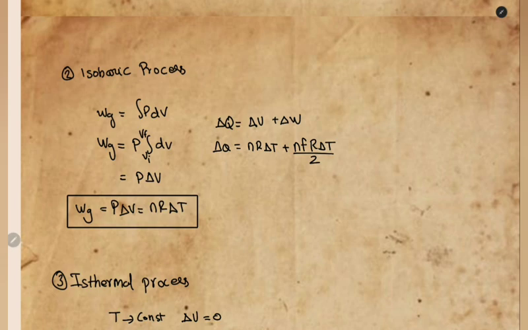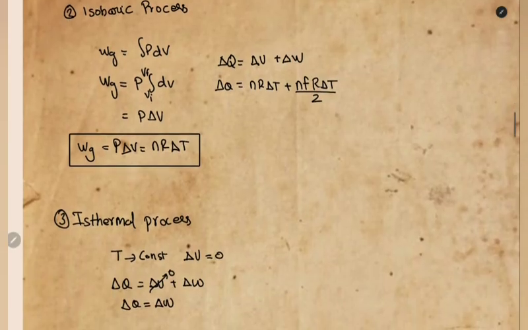If you put this here, it will be something like this, and this will be the formula for the isobaric process.